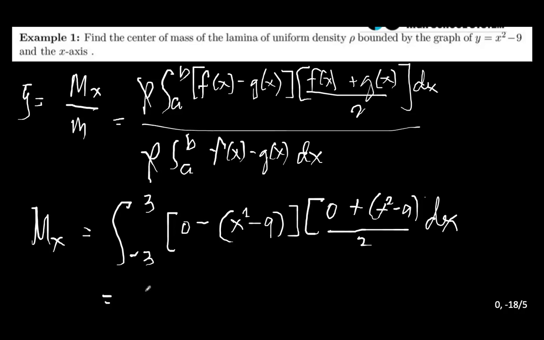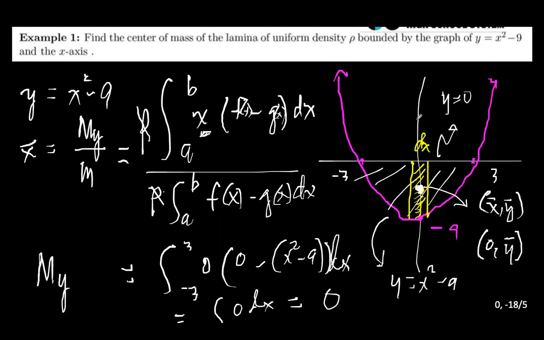So this becomes 1/2, and this integral can be simplified into the integral from 0 to 3. Since that's the property of the integral, we're just going to multiply it by 2, because as I mentioned a while ago, it is divided into 2 equal, symmetrical parts.